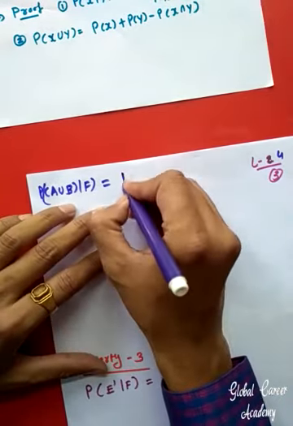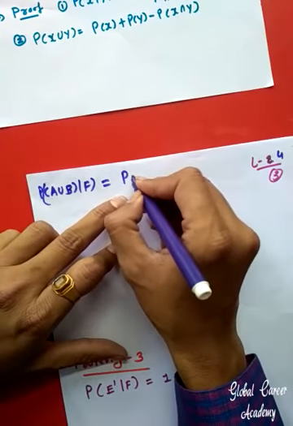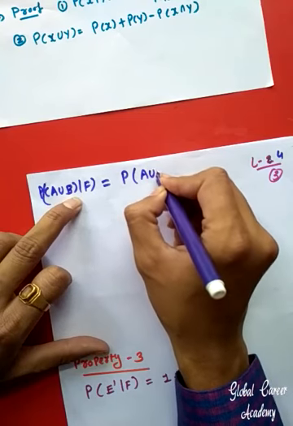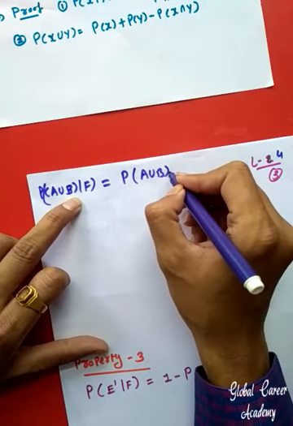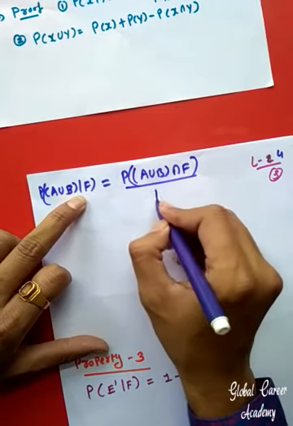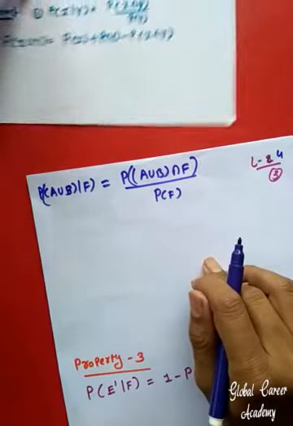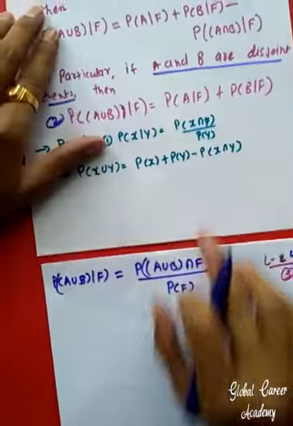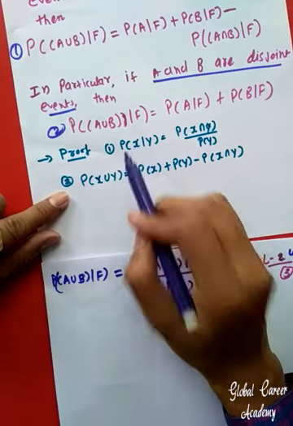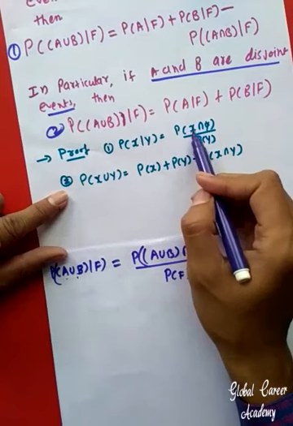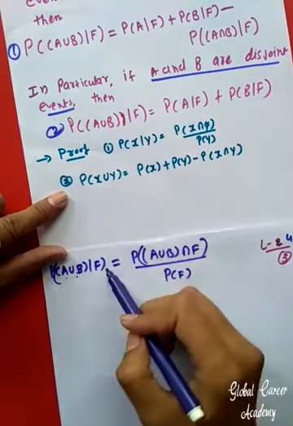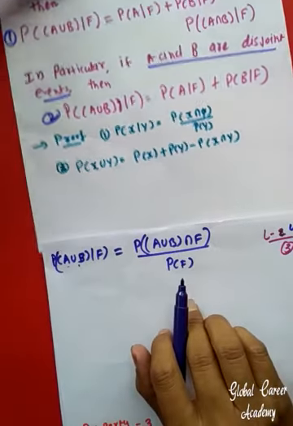I'll write probability of A union B, and then you will take its intersection with F, and then you divide it by P of F. So it is the same as this. We have taken help of this equation. What will be the value of X here? It will be A union B. So instead of X, I have put A union B, and the rest of the things, like Y, is the same as F. Okay, so I hope it is clear.